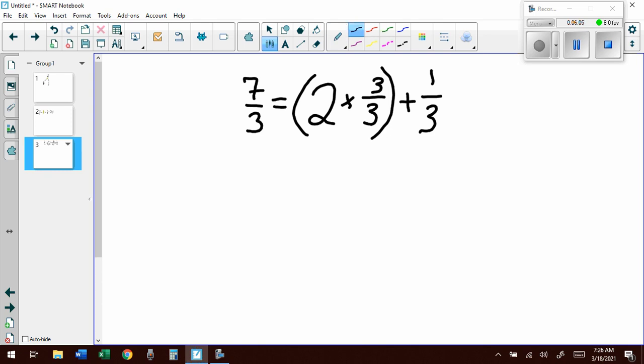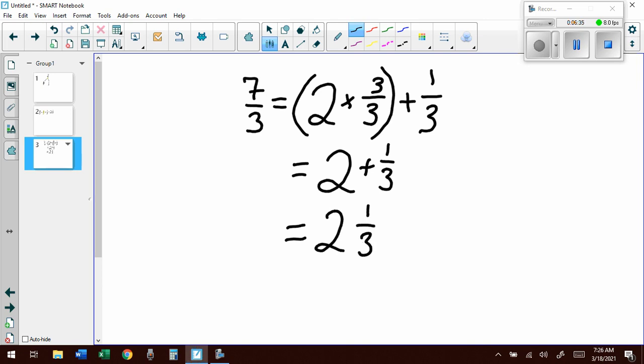So really, instead of 2 times 3/3 here, we have 2 times 1. 2 times 1 equals 2. And we still need to add our 1/3. So in total, 2 plus 1/3 equals 2 and 1/3.